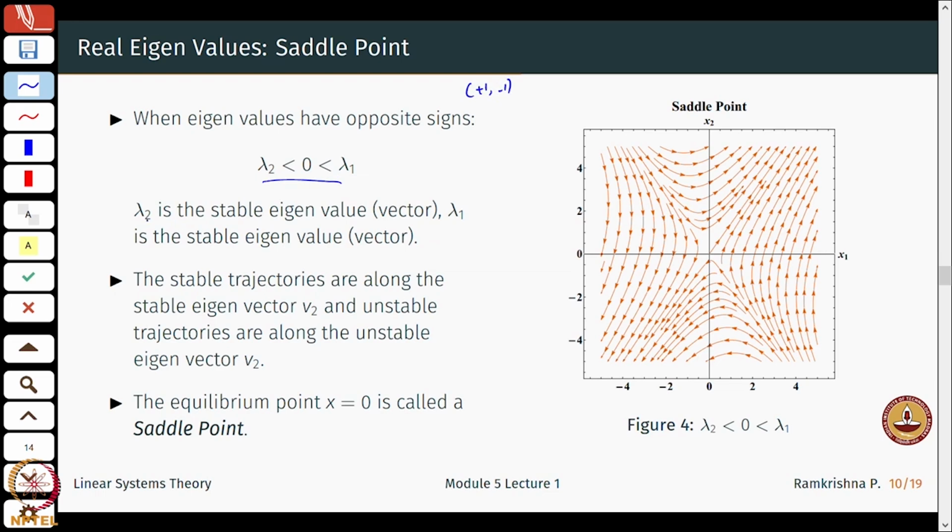We call lambda 2, which is less than 0, the stable eigenvalue, and correspondingly the stable eigenvector, and lambda 1 should be unstable. Lambda 1 is the unstable eigenvalue and hence the unstable eigenvector. Lambda 1 is stable and lambda 2 is unstable. This is a little typo here.